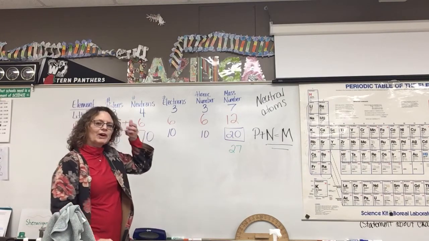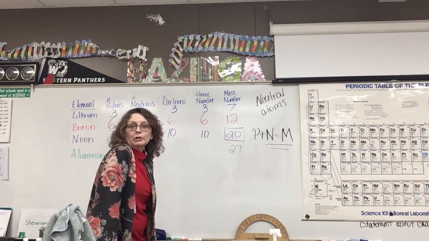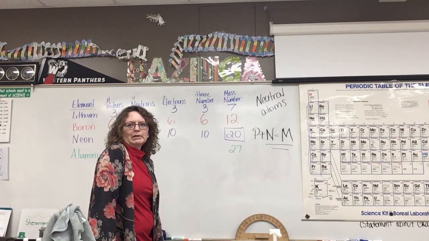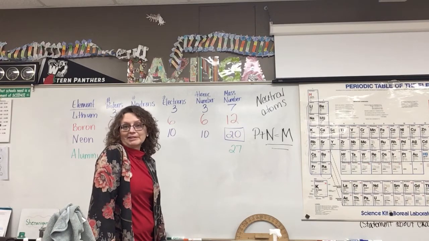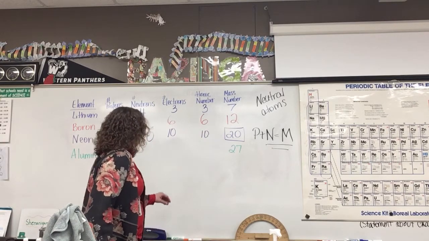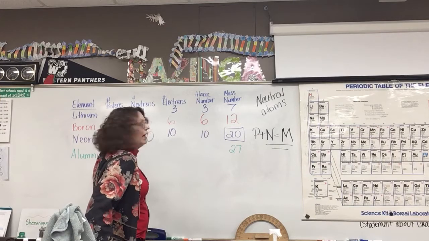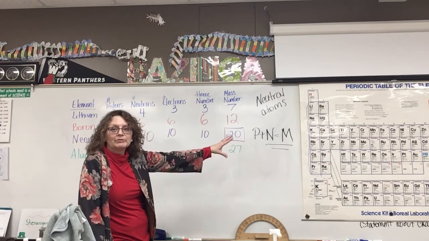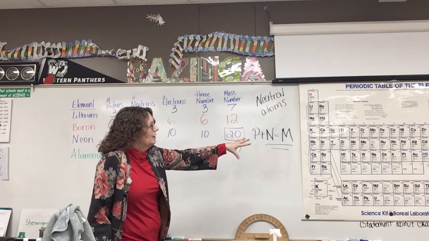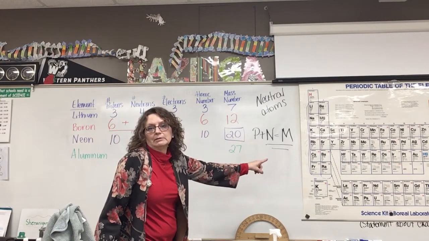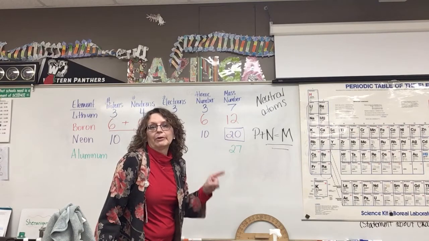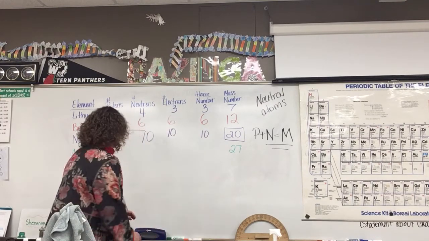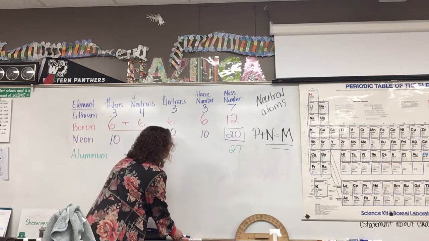All right, what if I just give you the mass number? Will you know what to do? You're like, sure, we'll figure that out. We just need our periodic table. So I tell you that the element name is aluminum. You look at your periodic table and find aluminum. Aluminum is element number 13. It has an atomic number of 13. I'm going to grab my green marker.